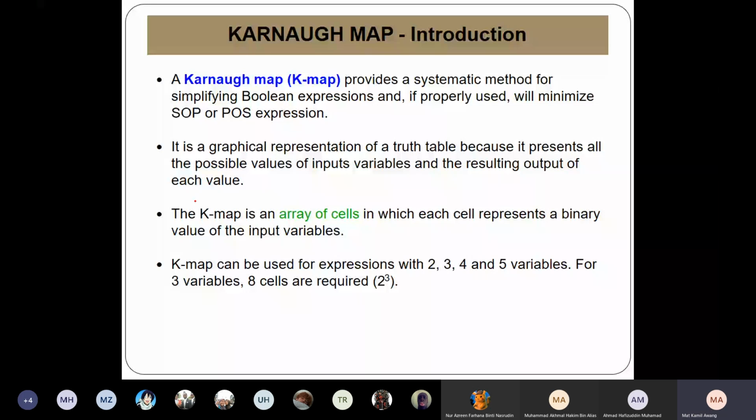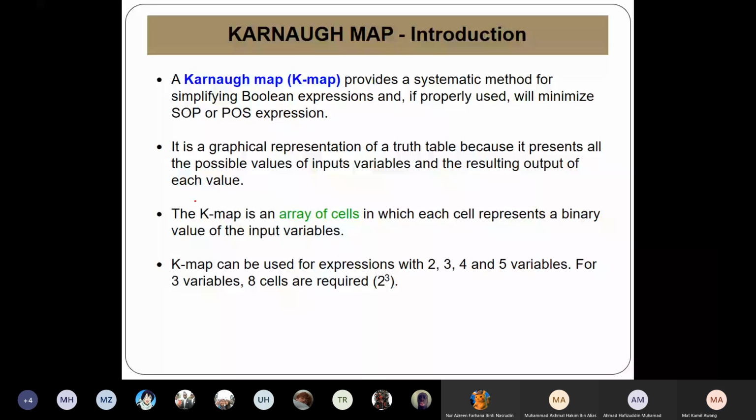It is actually a graphical representation of the truth table, because it presents all the possible values of the input variables and the resulting output of each value. The same truth table you convert into a map.